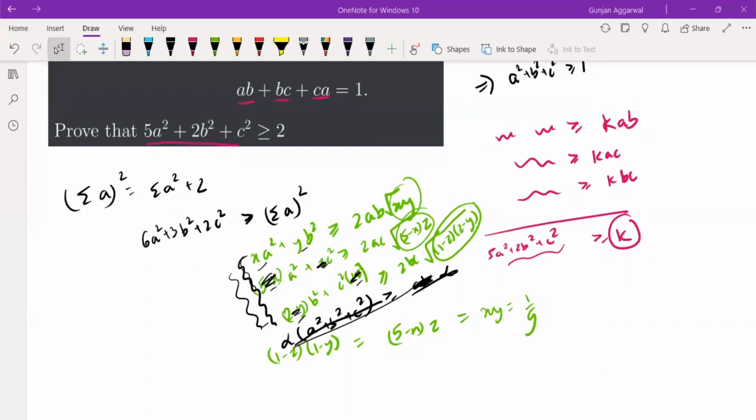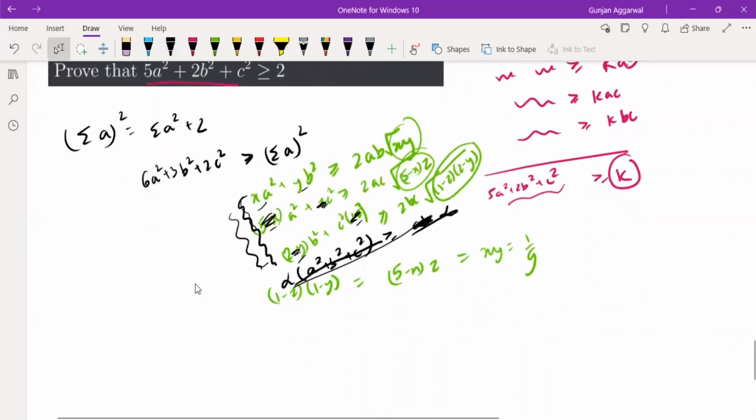Just take alpha as like, okay, I don't really want to compute anything. So basically, to get something like a squared plus b squared plus c squared, you actually get one of this, one of this, one of this, right? Yes. And then you take half of each of these. But if you directly write it, you don't need each of these things. So you have a lesser thing, if that makes sense.